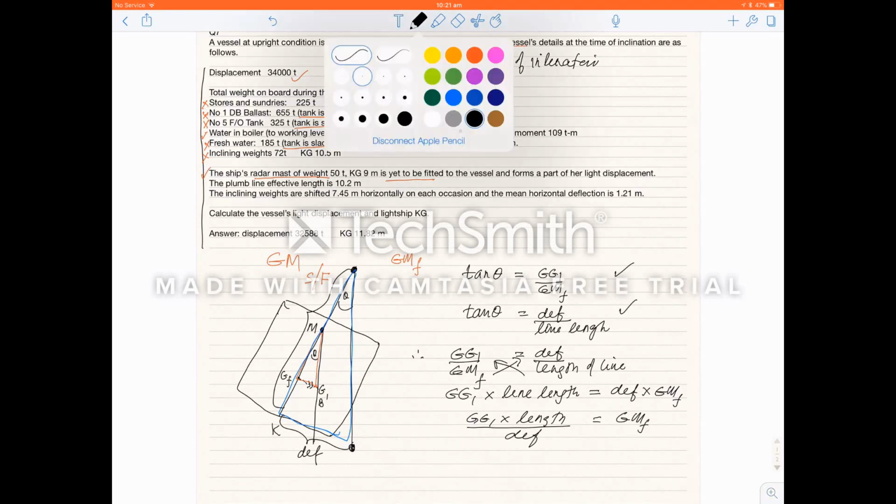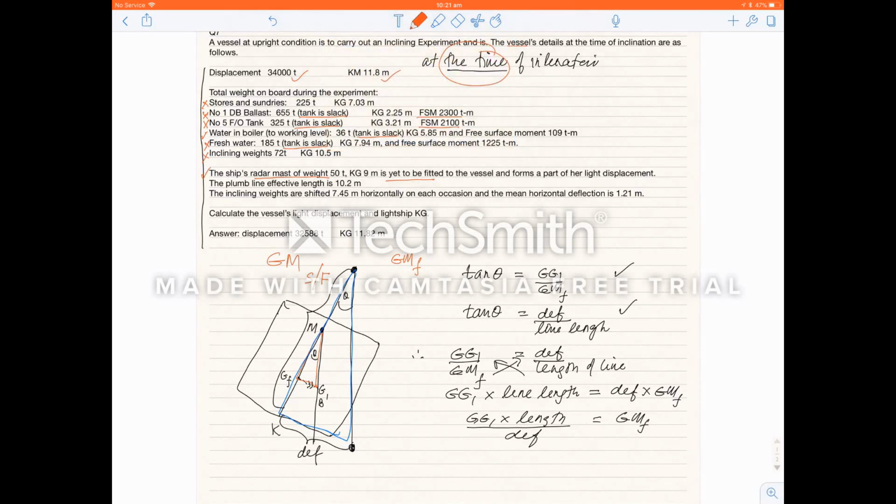Now we start substituting the values that we know. The line length is known, 10.2 meters. The deflection is known, 1.21 meters.